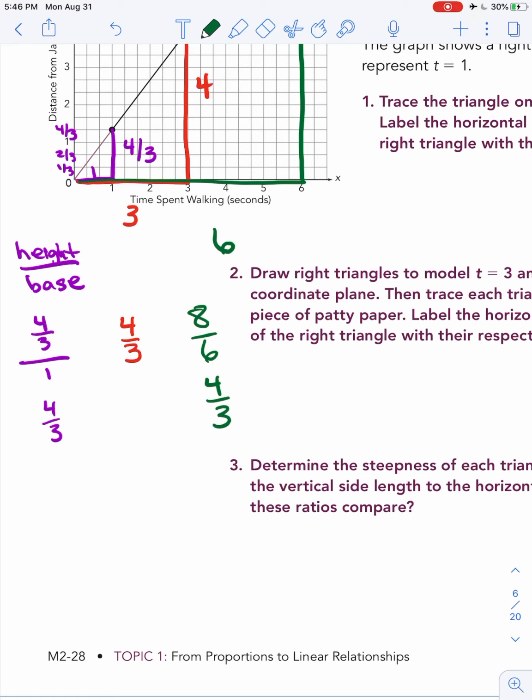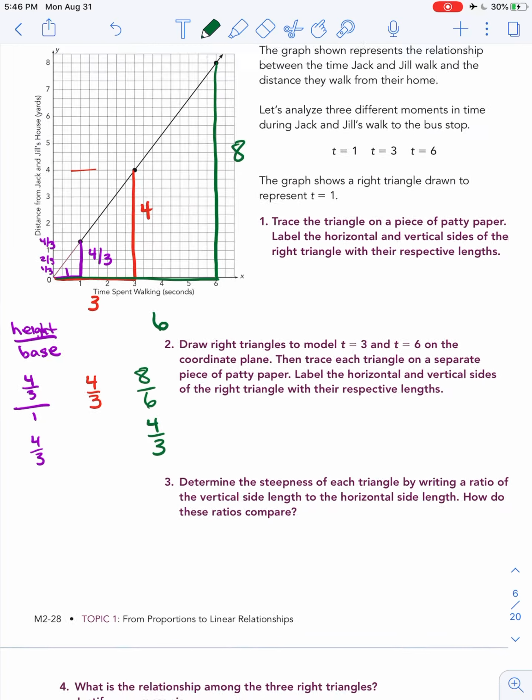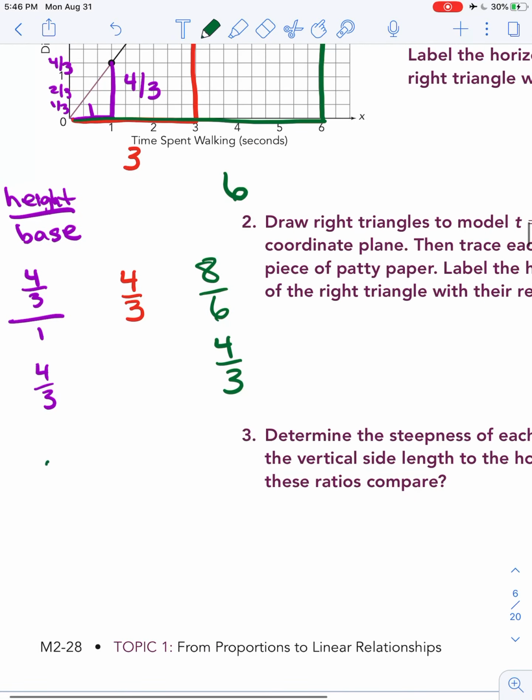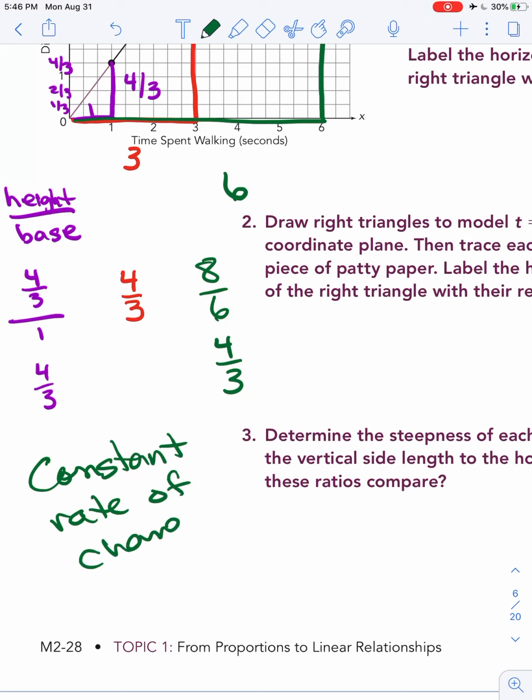So if you notice on this, the rate of change or the steepness of this did not change at all. The steepness stayed the same. This has a constant rate of change. Okay? Similar triangles.